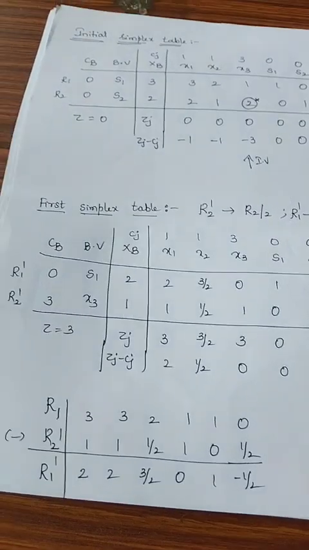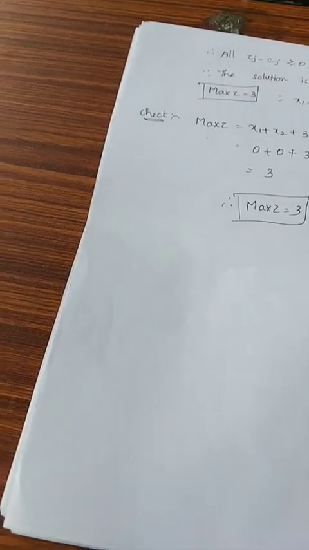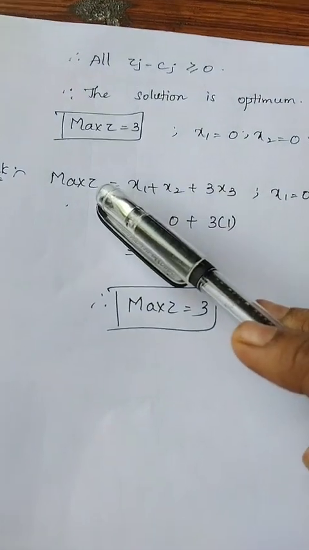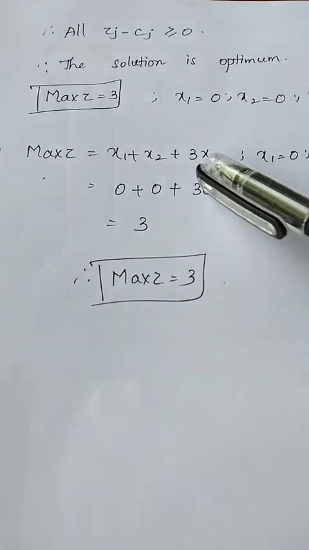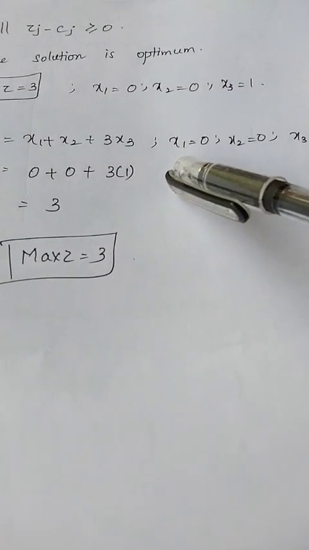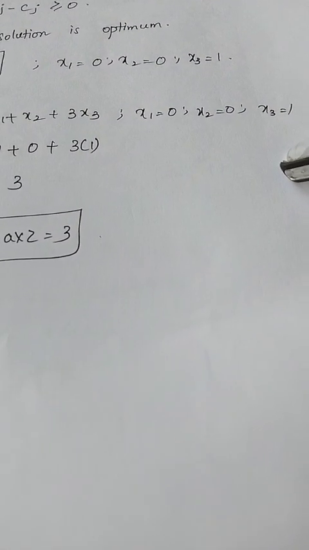Now we are going to check this by using the given objective function. What is the given objective function? Maximum z is equal to x1 plus x2 plus 3x3, where x1 is equal to 0, x2 is equal to 0 and x3 is equal to 1.